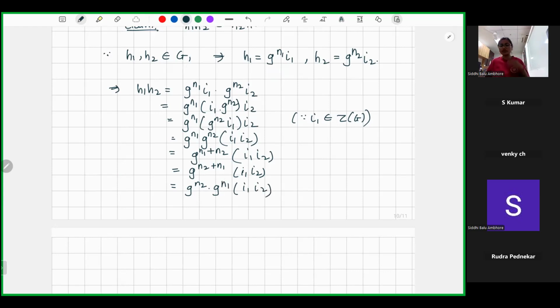Is this okay so far? So I started with H1 H2 and got this expression. Note that this G power N1 G power N2 was G power N1 plus N2, but here I can write it as G power N2 plus N1, and this is giving G power N2 into G power N1.